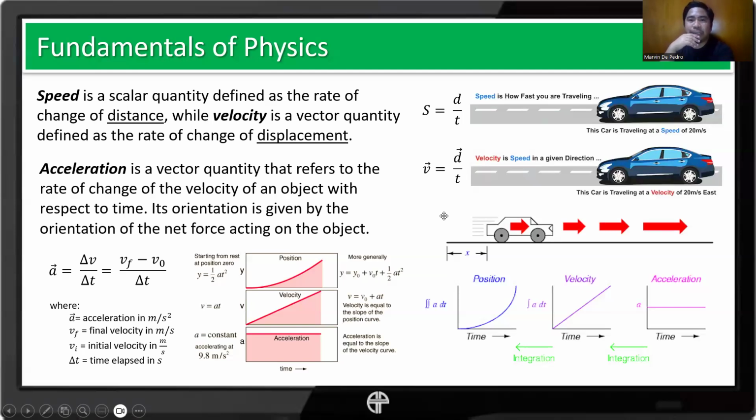Also this image. What I want to introduce right now is the concept of where calculus starts to creep into our study of physics. If you have noticed, we can say that speed is the derivative of distance with respect to time, or to be more exact, velocity, because velocity is more specific.